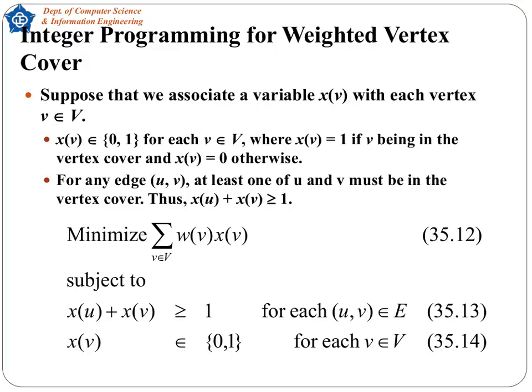The critical constraint in equation 35.13 ensures every edge (u, v) is covered by requiring x_u plus x_v is greater than or equal to 1, so at least one of its endpoints lies in the cover. Finally, equation 35.14 enforces the integrality condition x_v is an element of {0, 1}. Together, these 3 components capture exactly the minimum weight vertex cover as an integer program.